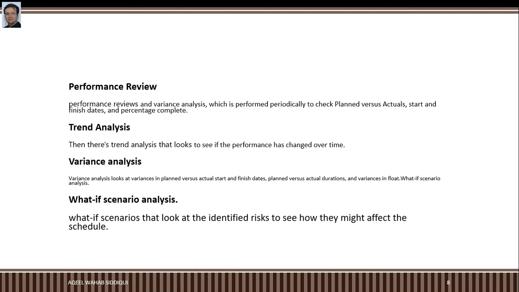So what if analysis? These are scenarios that look at the identified risks to see how they might affect the schedule. Once again, don't worry, I will upload my video on earned value management where I will explain in detail each and everything related to earned value management.